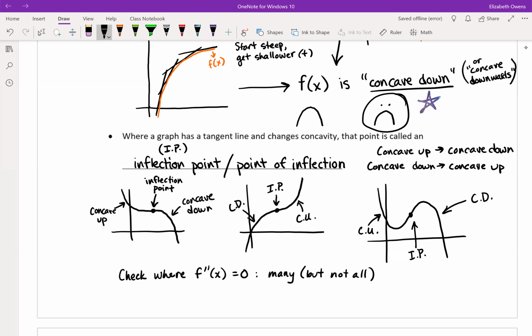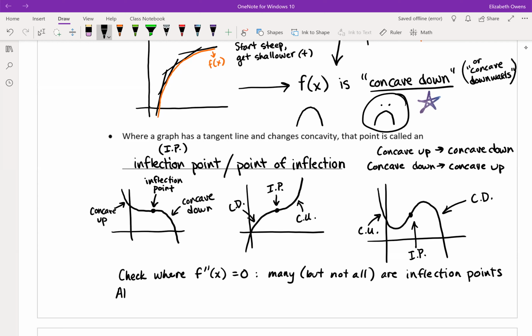So many of these are inflection points. But sometimes in some situations, you'll have concave up on one side of that point where f double prime of x equals 0. And then on the other side, it might still be concave up. Okay, so that would not be an inflection point in that case. So many of these are inflection points, but not all of them.